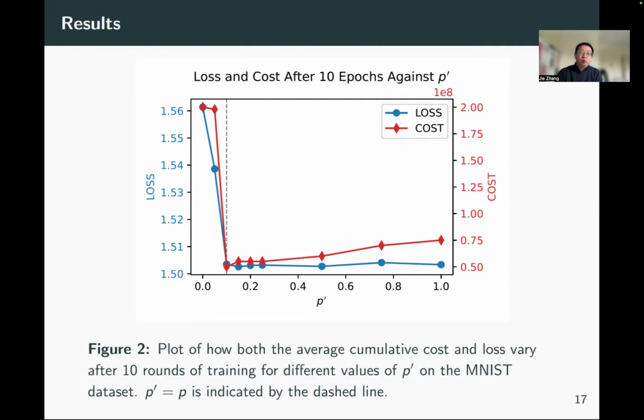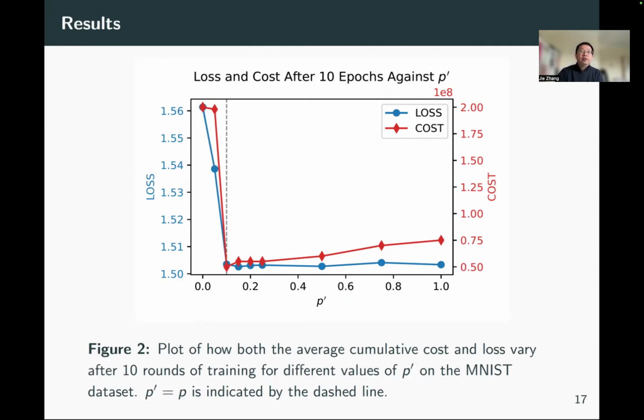And what we want to see here is the dotted line at 10%. This is the probability that our theorem predicted should be the optimal, and we want to see if the probability of verification is lower than that, then the free riders are acting and getting involved.